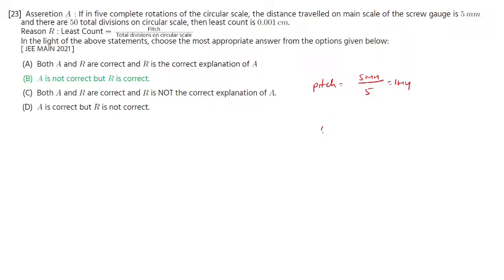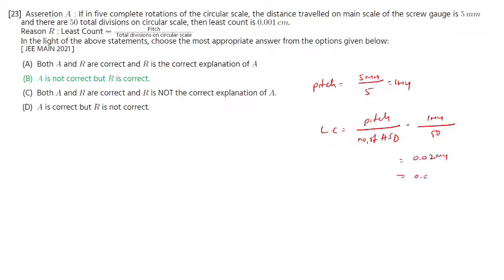Now least count, if you try to calculate from this, it is pitch divided by number of head scale divisions. Pitch is 1 mm and the number of head scale divisions they given is 50. So we will be getting this as 0.02 mm.